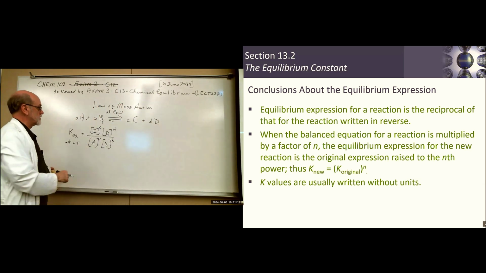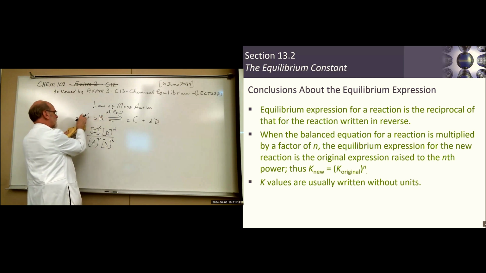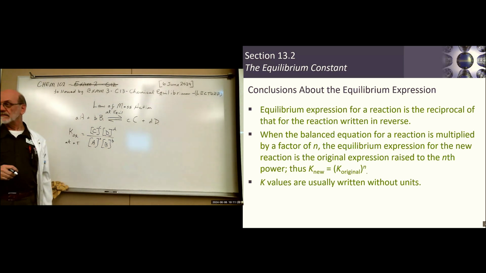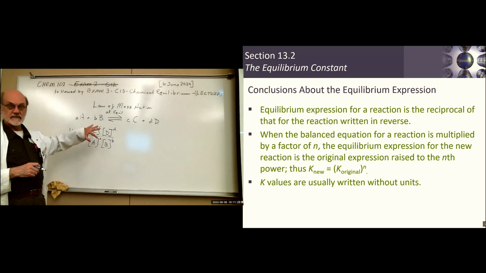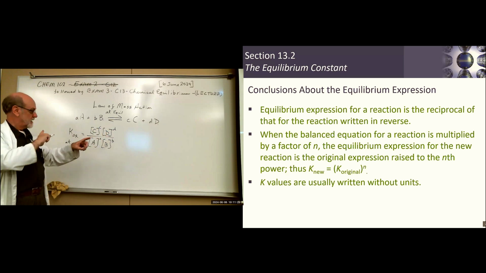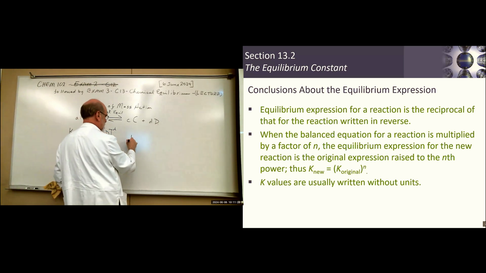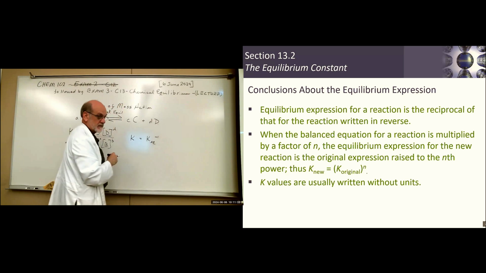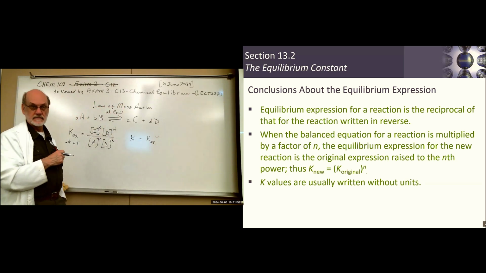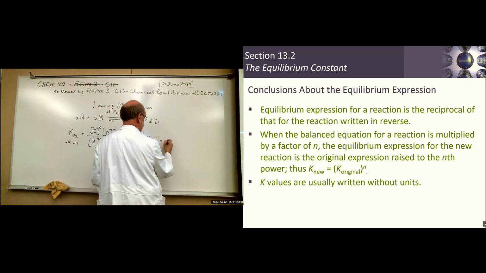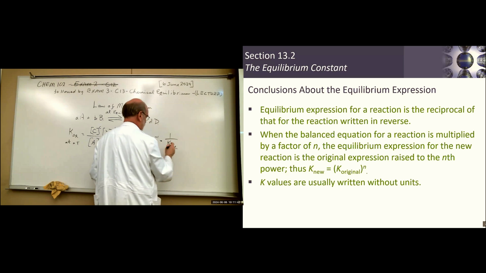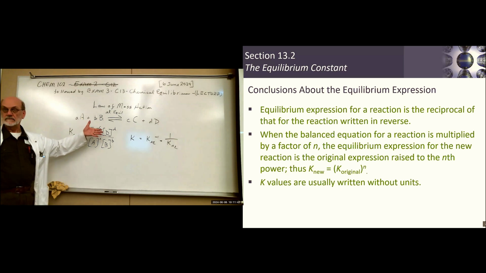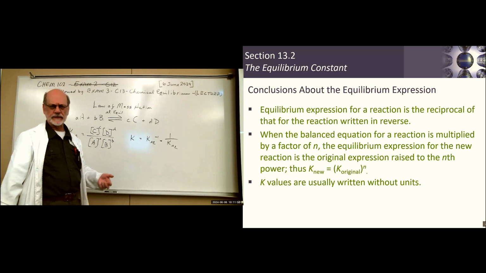Say we have to reverse the equation in order to make it fit with our needs. That means now the denominator's on top and the numerator's on the bottom if you reverse the equation, right? So that means the new K is equal to the original K inverse, right? Or some people prefer this. Same thing. You just take the inverse of it because we flipped it. Okay. That's the easy one.